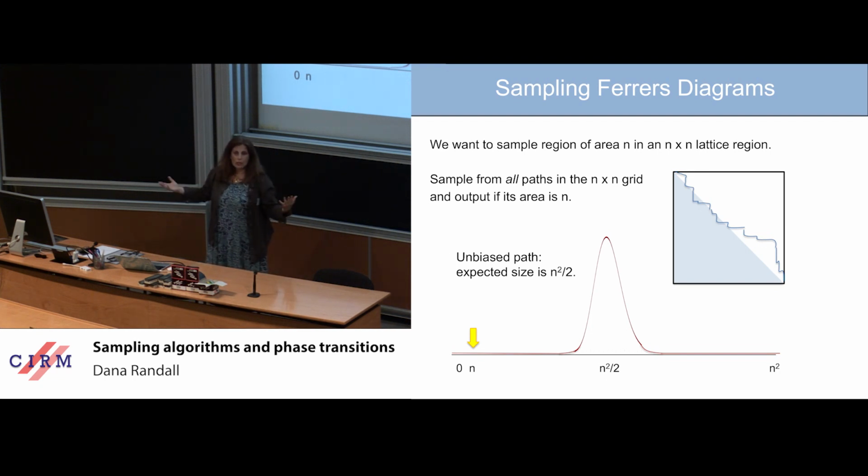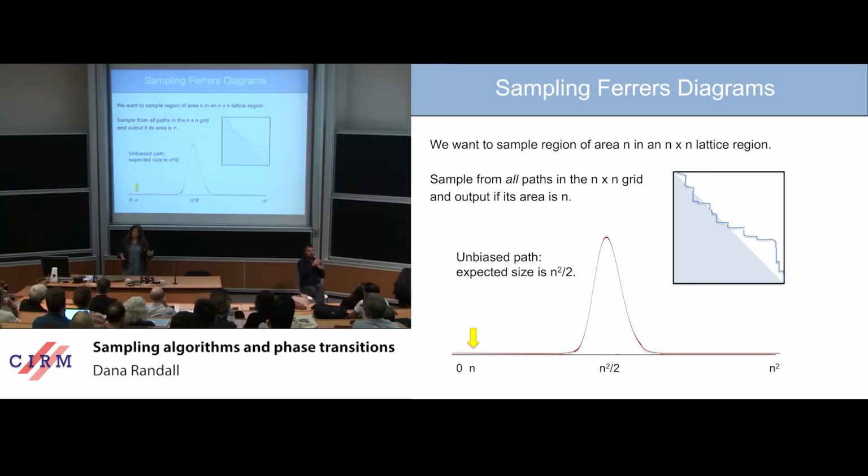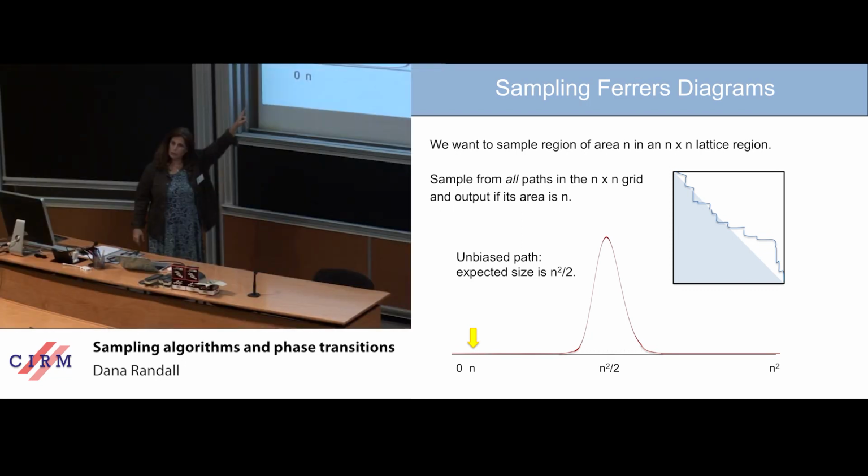So I do rejection sampling. So you could imagine that I choose one of these lattice paths uniformly. If it has area n underneath, it's a perfectly uniform sample, or close to uniform if I use a Markov chain to sample this path. But I'm sure you see the problem, which is if I sample one of these lattice paths, I stay close to the diagonal. I'm within square root n of the diagonal almost surely the entire way.